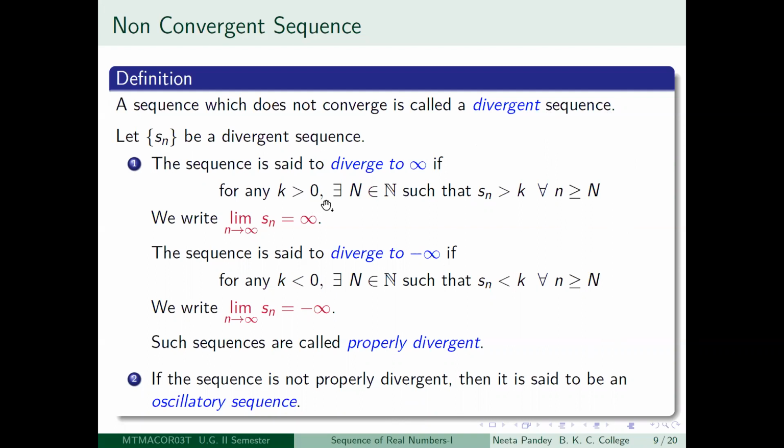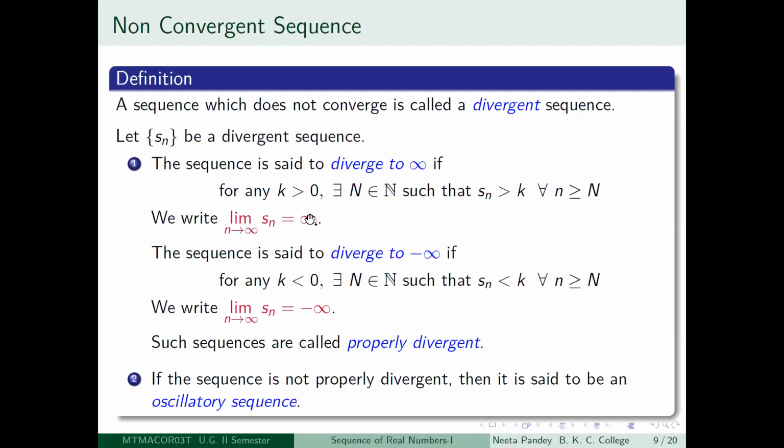So first of all, it may happen that for the terms of the sequence S1, S2, S3 and so on, whatever k greater than 0 you take, you will be able to get a positive integer capital N, so that after the capital Nth term, every term of the sequence becomes greater than k. This is true for every k.